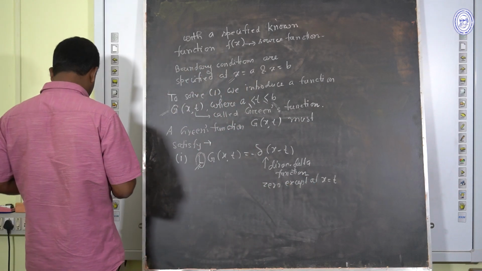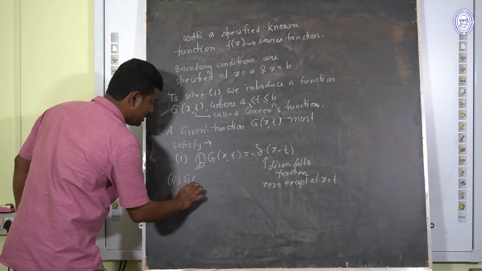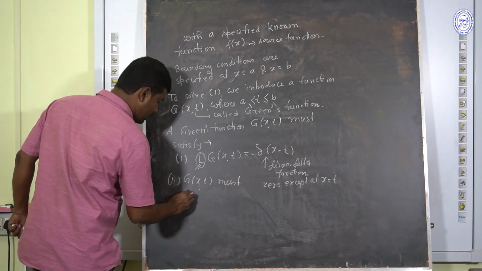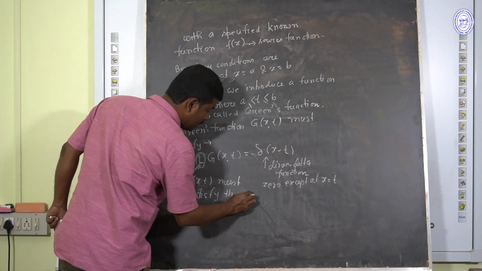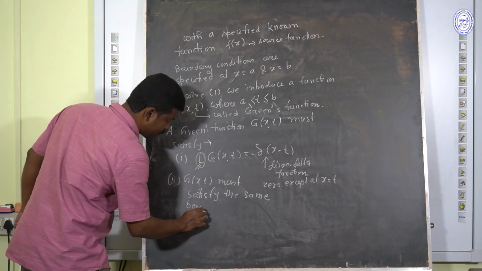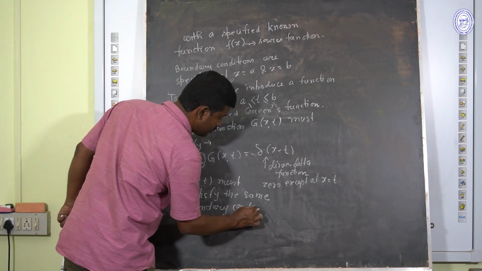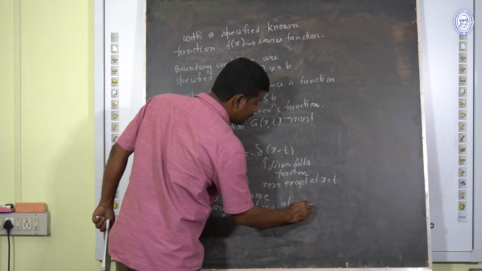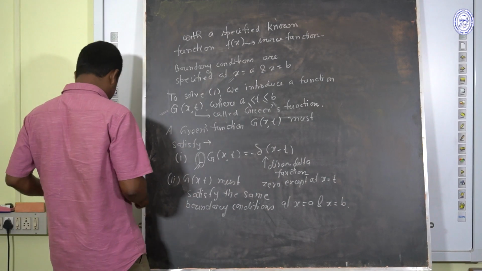And the second condition: G of x comma t must satisfy the same boundary conditions at x equal to a and x equal to b.